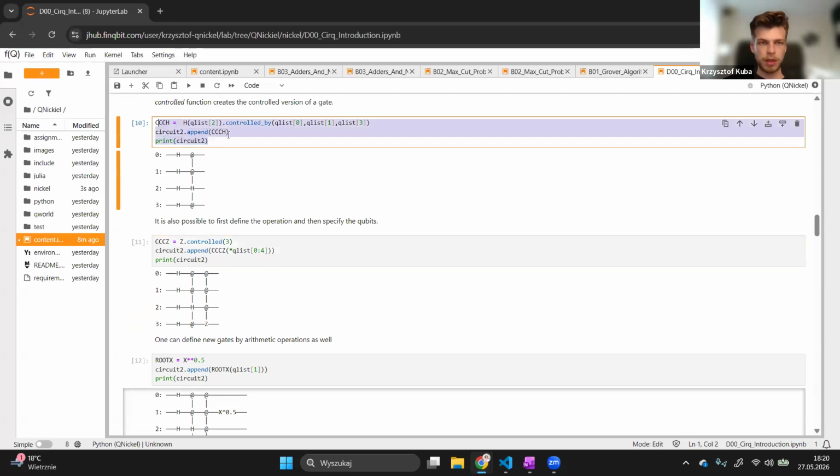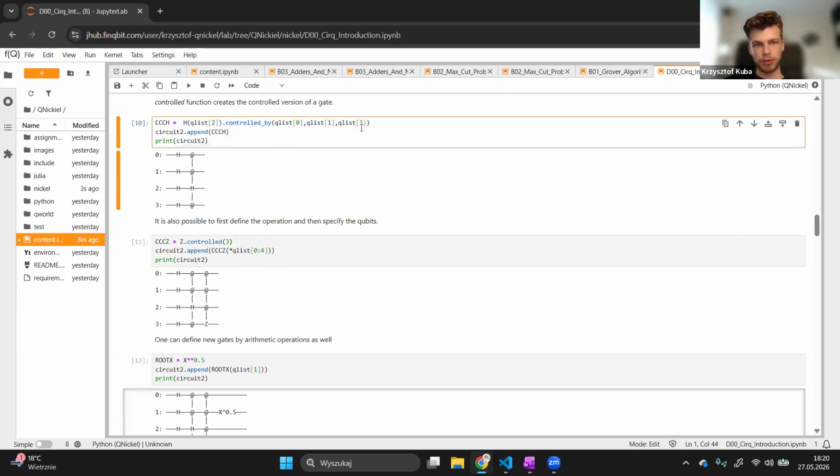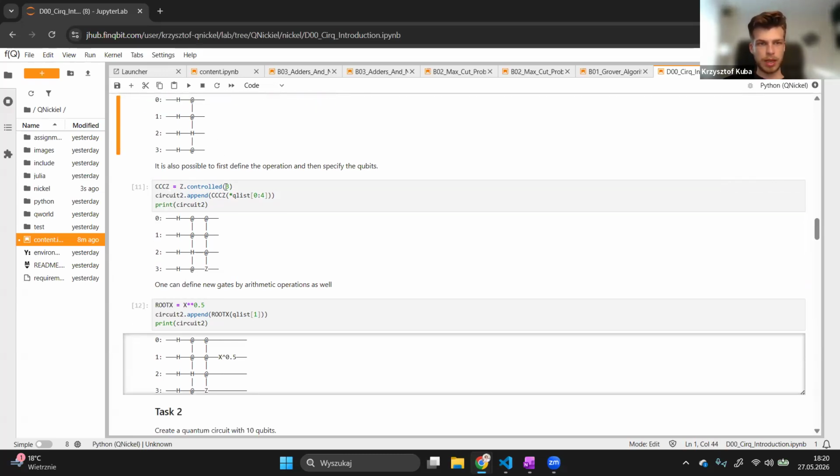So in the first method, we just firstly specify the target qubit, which is the second. So 0, 1, 2. We have the Hadamard gate here, and controlled by a list of qubits. And the second method is to create a Z gate controlled by the third qubit as controlled, right?